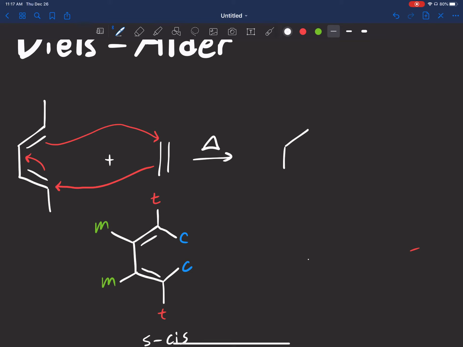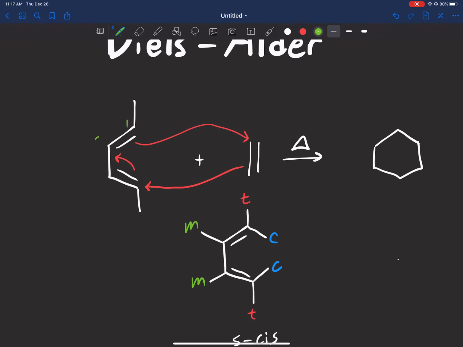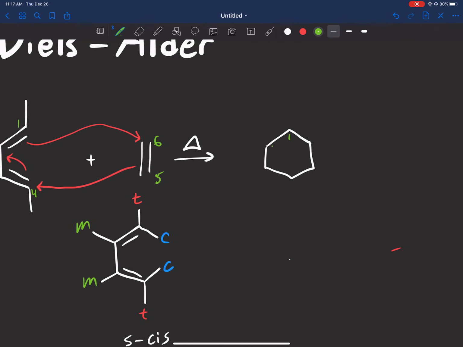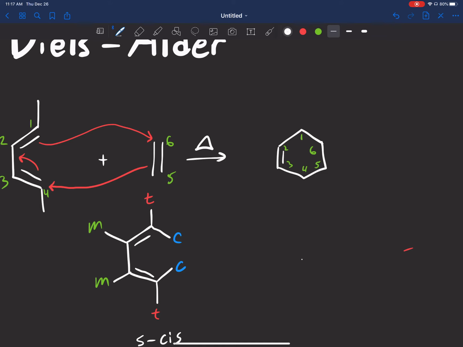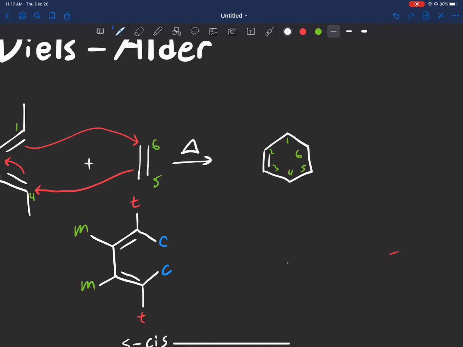And so our 6-member ring, and let's number it 1, 2, 3, 4, 5, 6. Carbons 2 and 3 get that double bond. We had our methyls on 1 and 4.